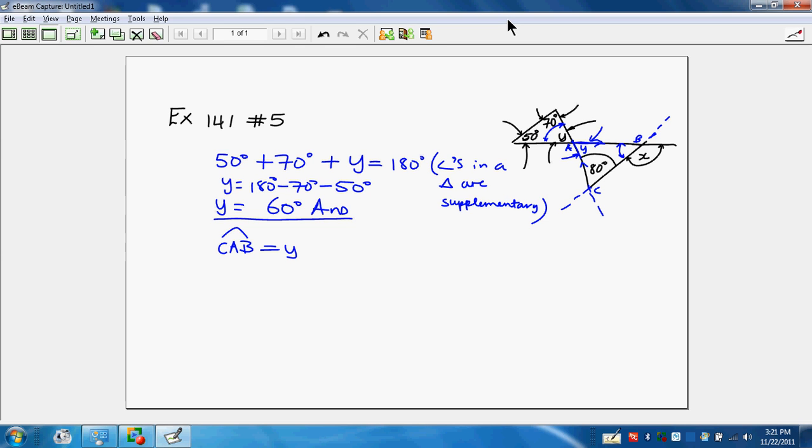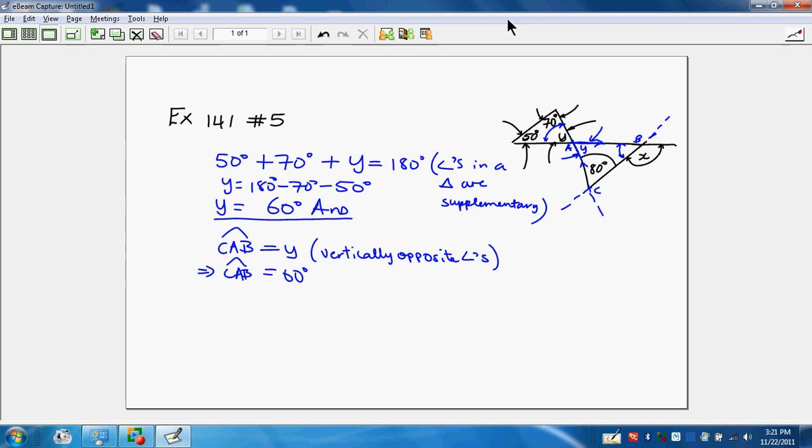That angle must be equal to angle y. And the reason is that they are vertically opposite angles. Okay, they are vertically opposite angles. And in that case, if CAB is equal to angle y, it means that CAB would be equal to 60 degrees.